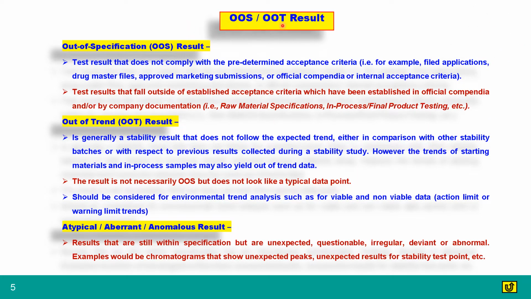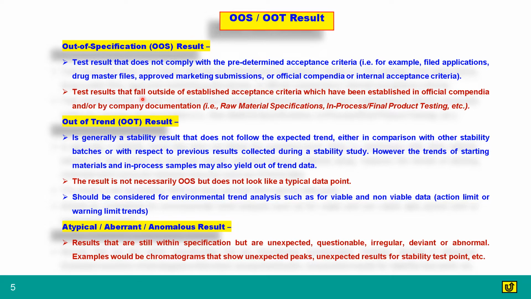OOS / OOT result. Out of specification, OOS, result. Test result that does not comply with the predetermined acceptance criteria, for example, filed applications, drug master files, approved marketing submissions, or official compendia, or internal acceptance criteria.